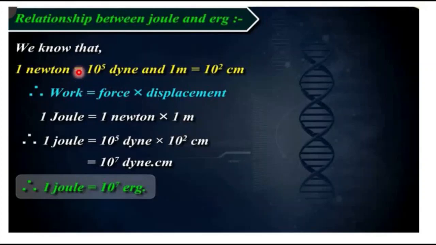Now putting 1 Newton is equal to 10 raised to 5 dyne and 1 meter is equal to 10 raised to 2 centimeter, we get 1 joule is equal to 10 raised to 5 dyne into 10 raised to 2 centimeter. By the law of indices, adding the powers of the same base, we get 10 raised to 7 dyne centimeter. Therefore, 1 joule is equal to 10 raised to 7 erg.